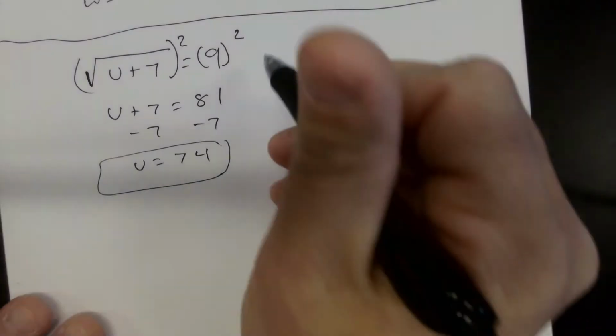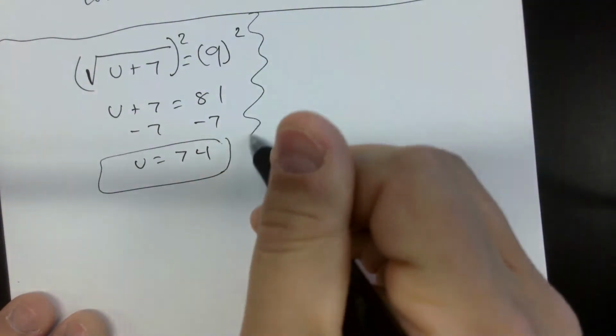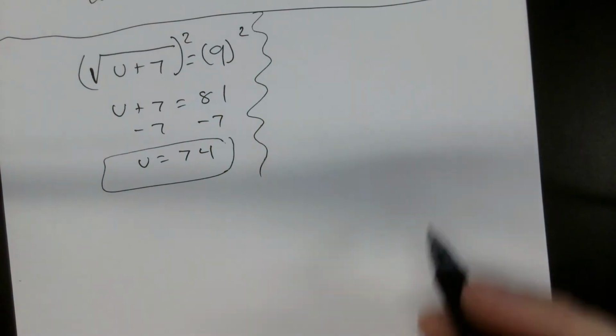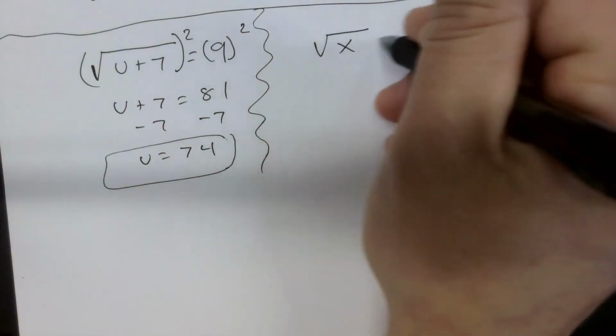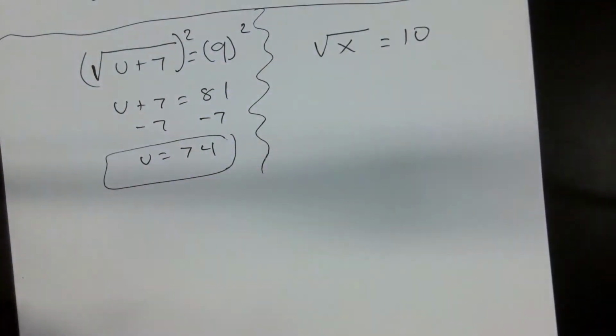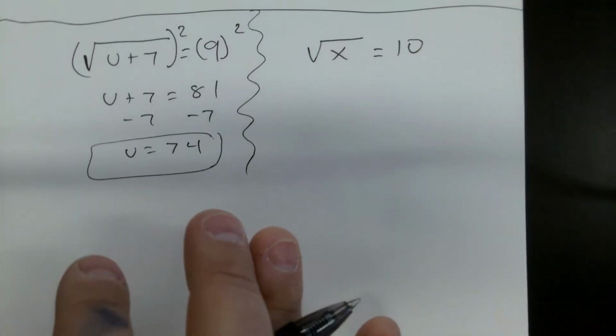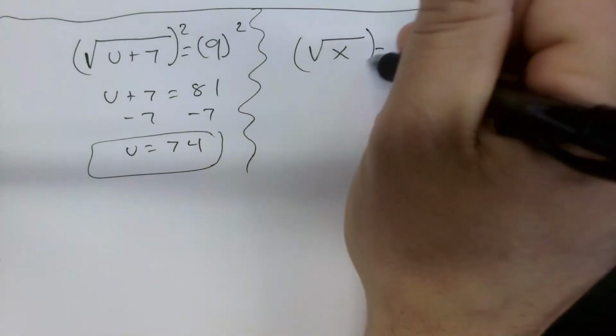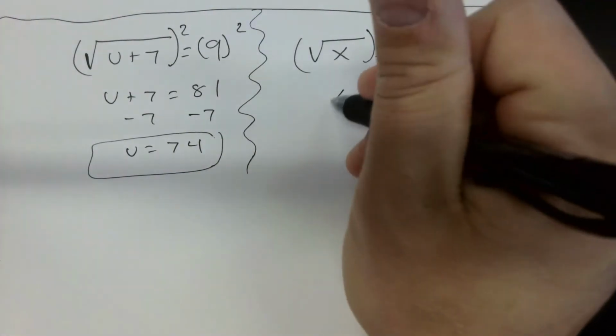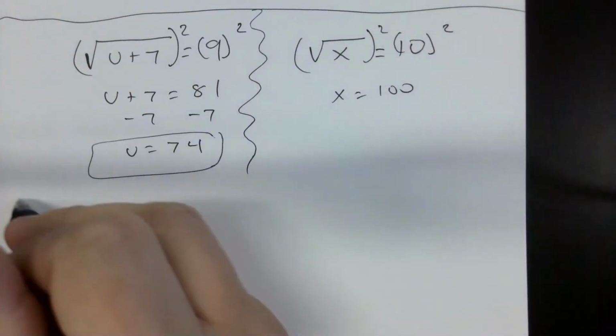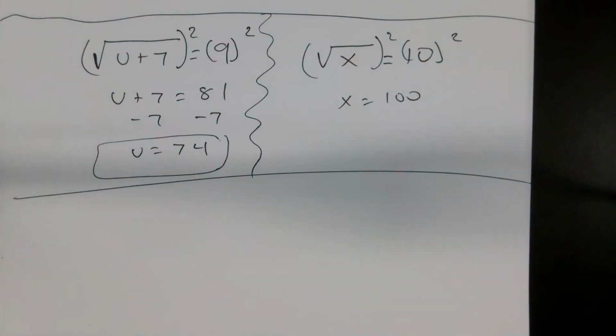Okay, on top of this, believe it or not, it can actually get a little bit easier. We can have a problem that looks like this. How would I solve that? Square both sides, so x equals what? Good. Alright, let's get harder.